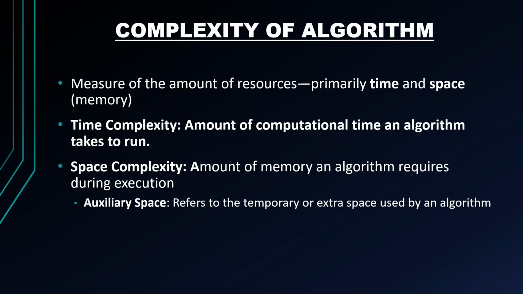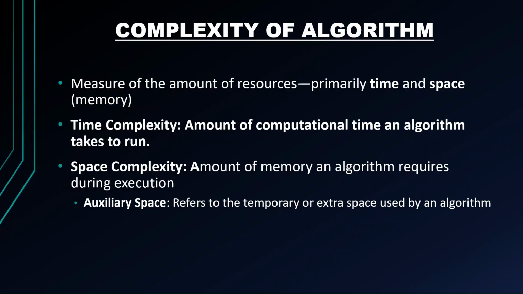Time complexity is the amount of computational time an algorithm takes to run, typically measured by counting the number of elementary operations it performs, for example comparisons, arithmetic operations, and assignments. Space complexity is the amount of memory an algorithm requires during execution, including space for input variables, temporary data structures, and the call stacks for recursive functions.